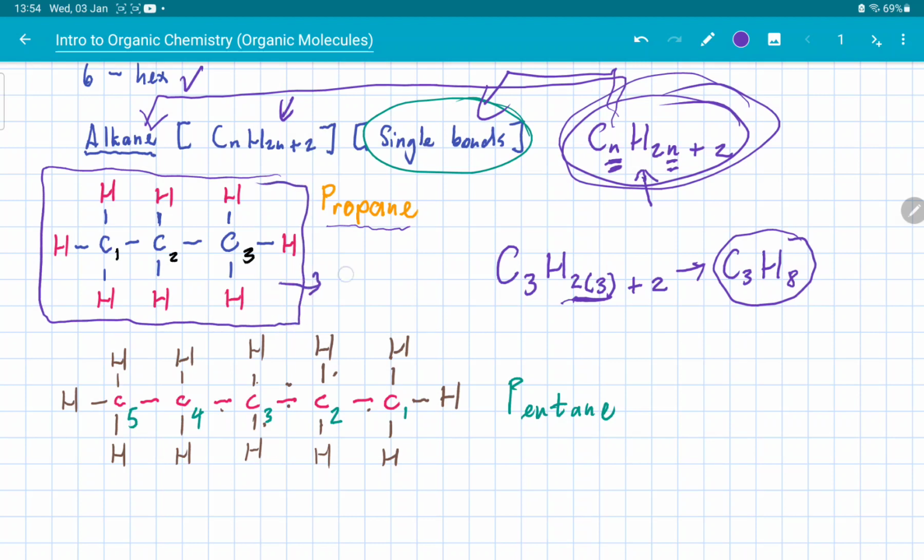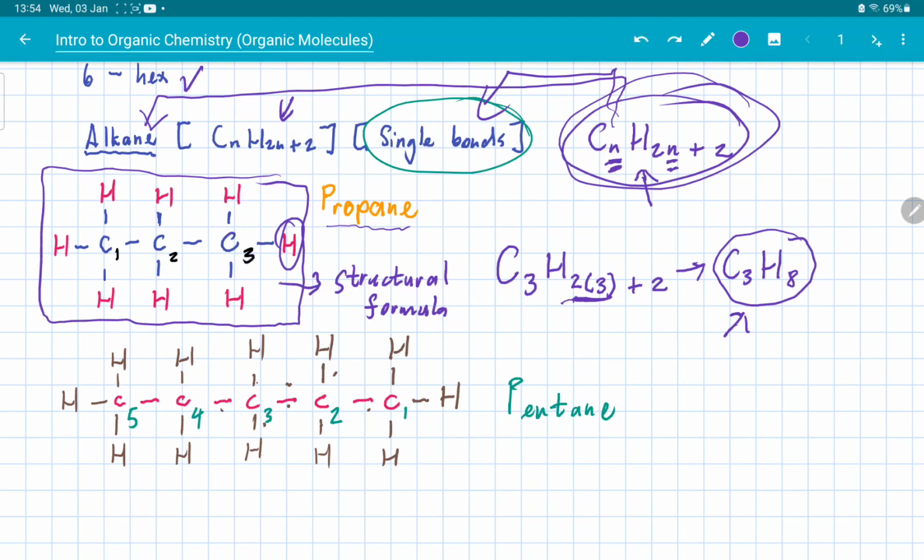This is what we call a structural formula. The structural formula shows us which atoms are bonded to which.